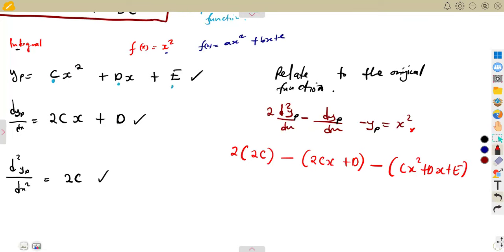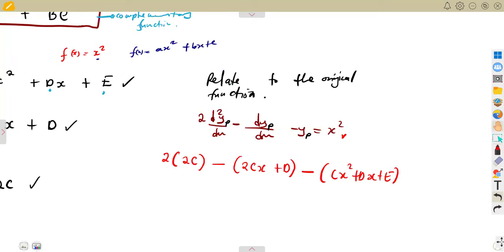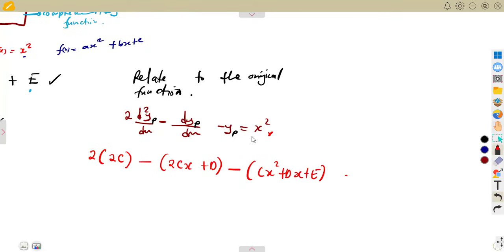So we substituted into the original differential equation. This must be equated to exactly what is on the right-hand side, which is our f of x. So it's an equation that we can use to determine the values of C, D, and E.